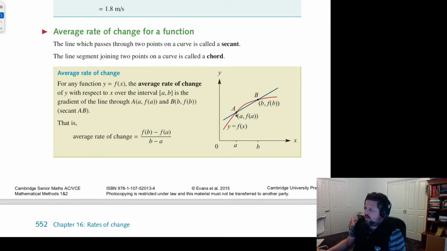So that is the secant from a to b. Yep, it is the gradient of that line. So to work out the average rate of change, as we discussed before, it's going to be the f of b value take away the f of a value, divided by b take away a, and that will give you the average rate of change.